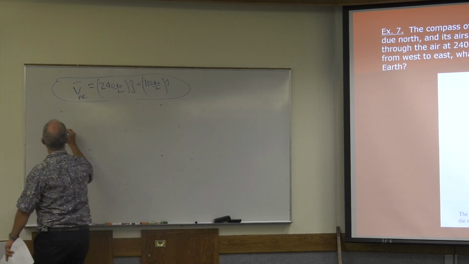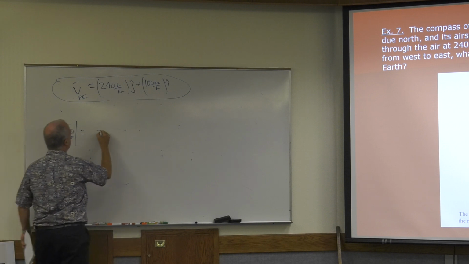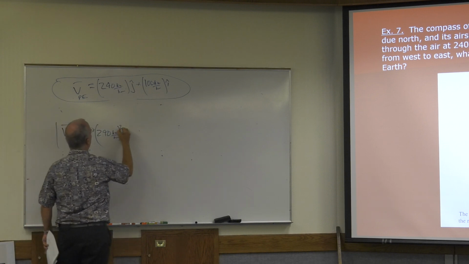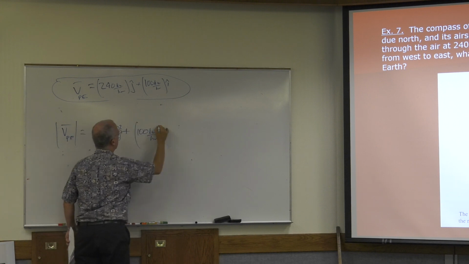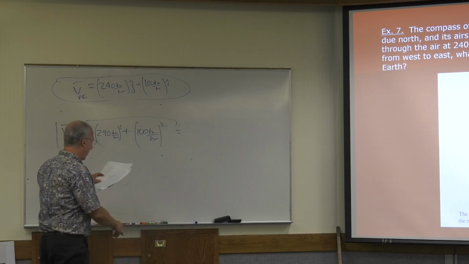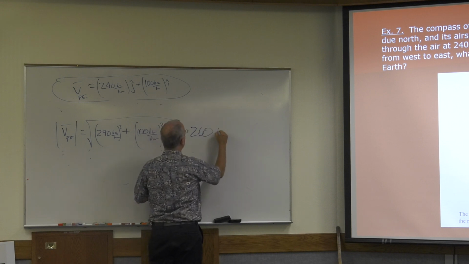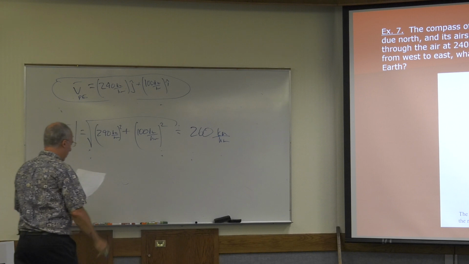What's the speed? The magnitude of the velocity of the plane relative to the Earth is the square root of 240 kilometers per hour squared plus 100 kilometers per hour squared, and that comes out to be 260 kilometers per hour. And let's do the angle.